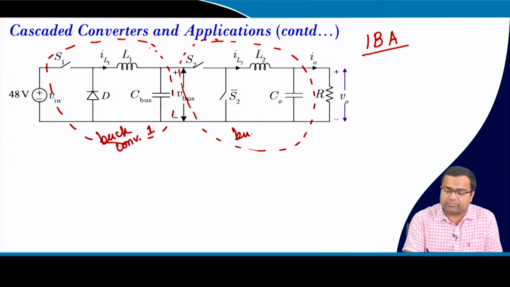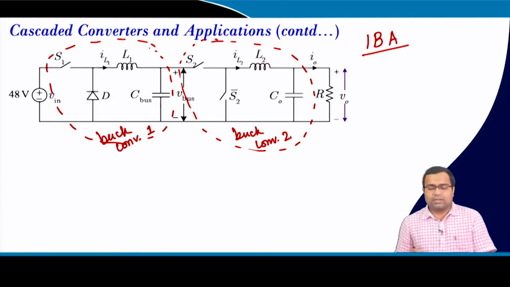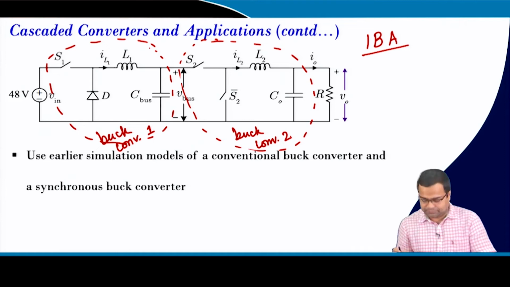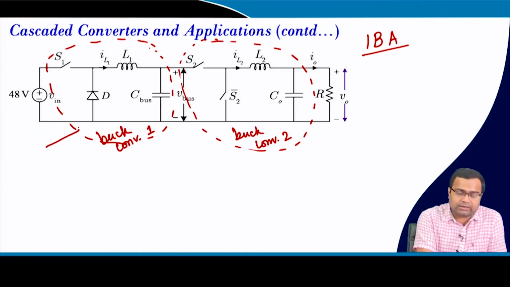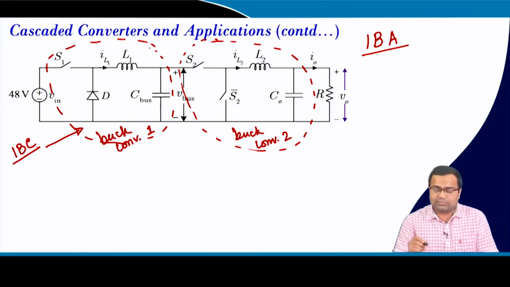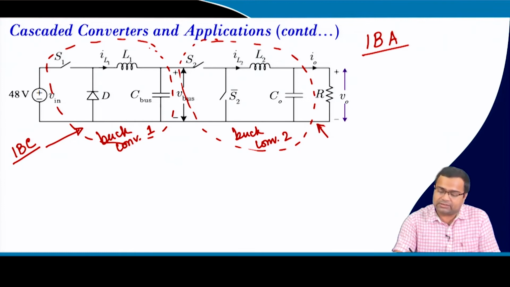This is another buck converter 2. And this converter, as I told, is called IBC, intermediate bus converter, and this converter is known as point of load converter.